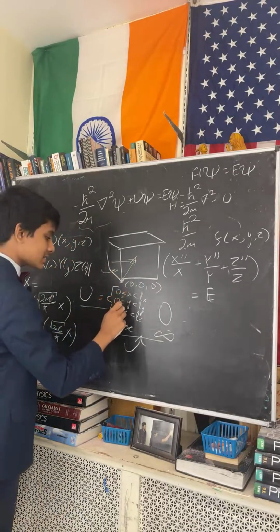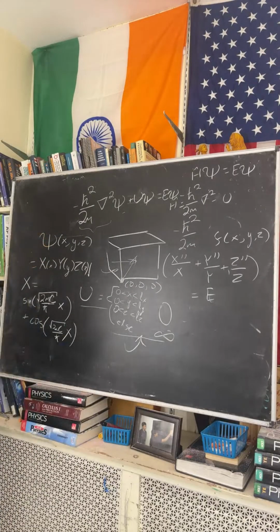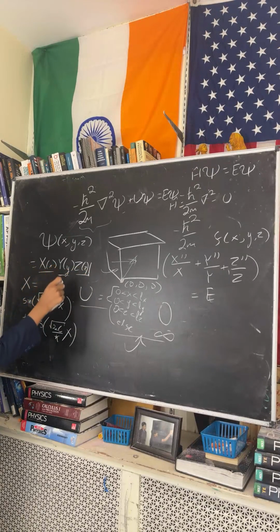Remember, this is not a less than or equal to sign. So what that means is that at 0, this has to be 0. That has to be 0. This has to be 0 as well. So x of x has to be 0, which means that, well, there has to be amplitudes.